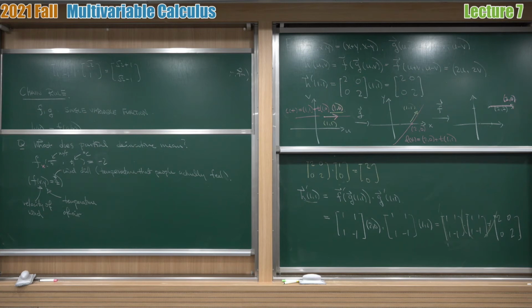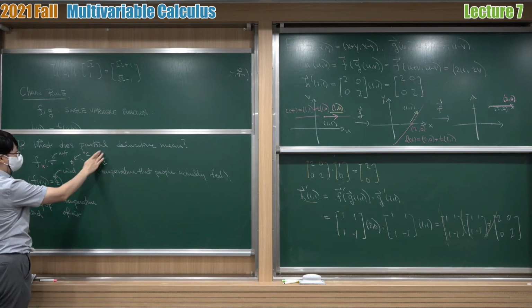We have to assume that temperature of air is constant, and it only tells us how purely the change of velocity affects the wind chill. Right, exactly.